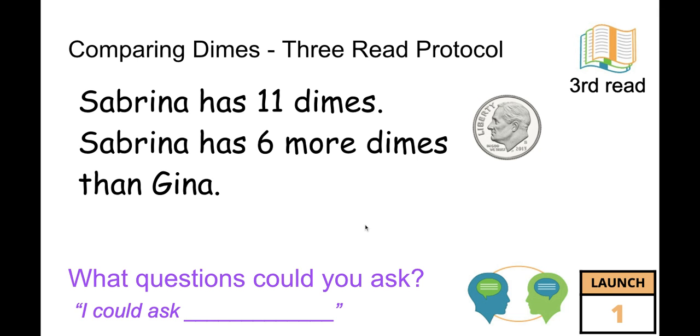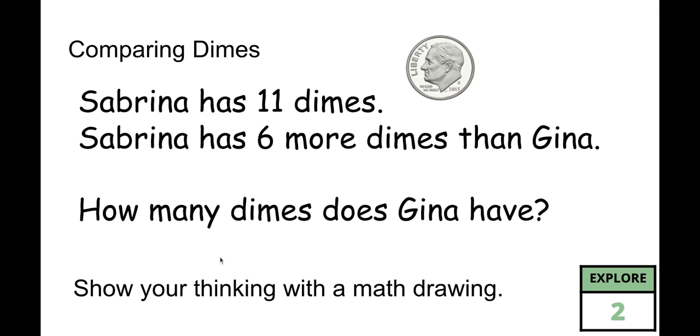We know some of the quantities, and we definitely know the units. I could ask, oh, what about Gina? What could we ask about her? That's right. How many dimes does Gina have? We certainly know how many Sabrina has, but we don't know anything about how many Gina has yet.